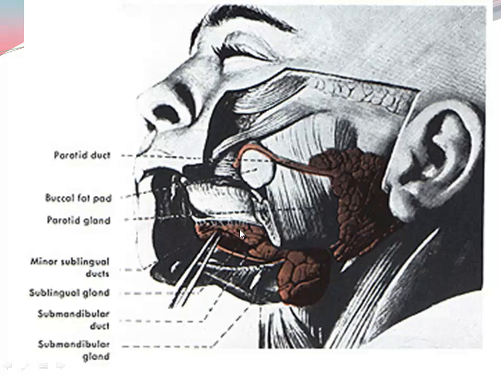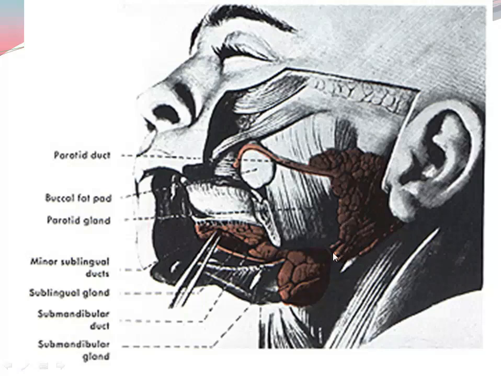Lingual means below the tongue. Mandibular means jawbone, the mandible bone, and parotid is related to the region just above the ear. So these are the parotid glands, submandibular glands and sublingual glands.